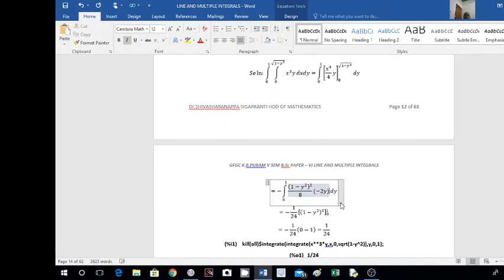Is there any change? No change here. Actually its value is x raised to 4, 1 minus y square to the power of 4 divided by 4 into y is there.